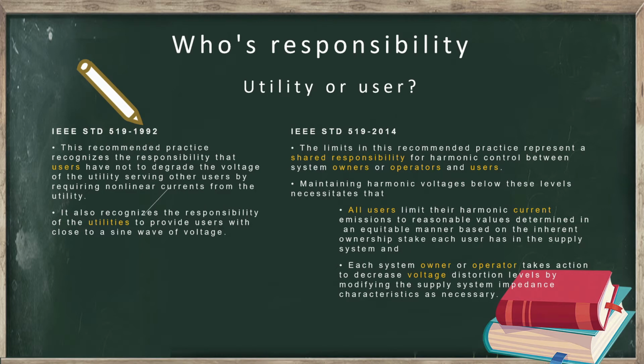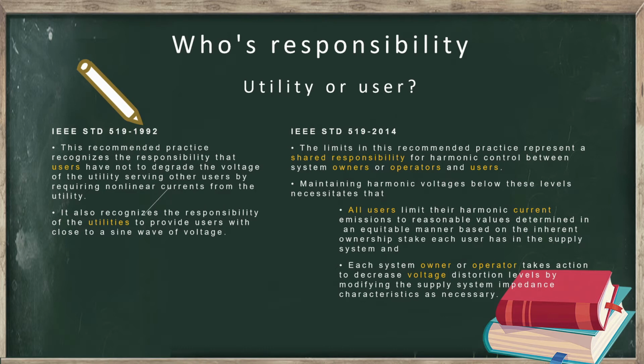Next, we discuss the responsibility. In the version of the year 1992, it is stated that users have not to degrade the voltage of the utility serving other users by requiring nonlinear currents from the utility. And the owner has the responsibility to provide users with close to a sine wave of voltage.